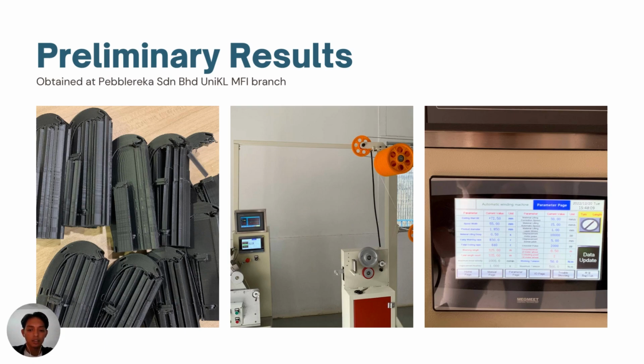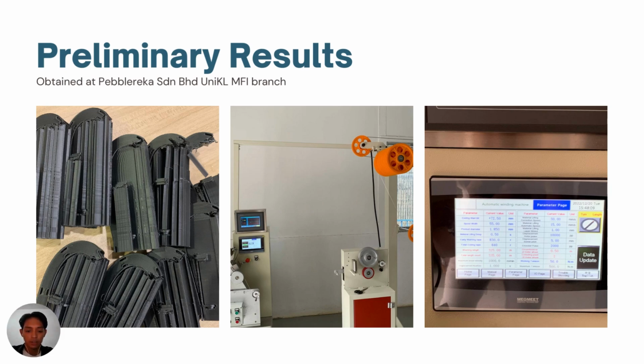Last is the example of the preliminary results that I obtained at Fabrica Sdn Bhd from the UNICL MFI branch. The left picture is the waste of ABS material. The middle one is the filament extruding machine where they roll the filament into a roll.